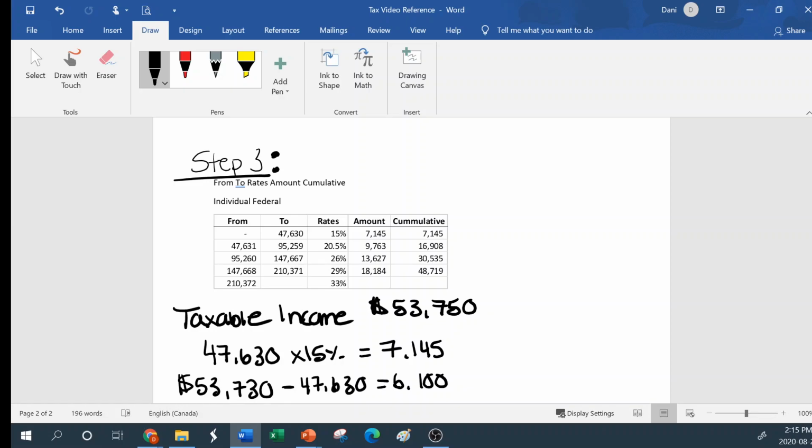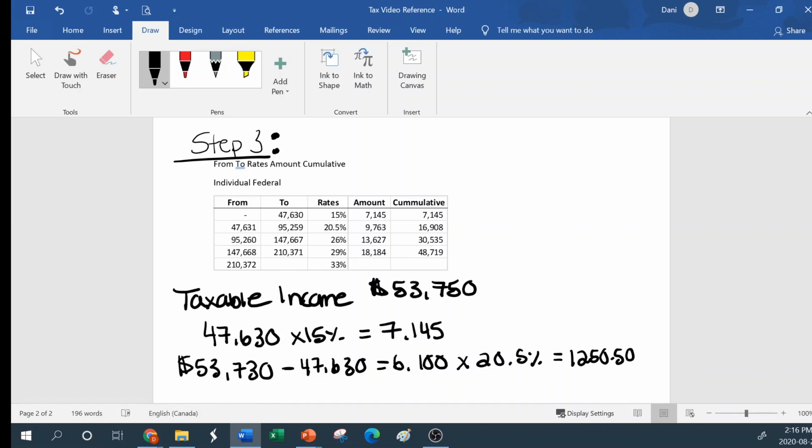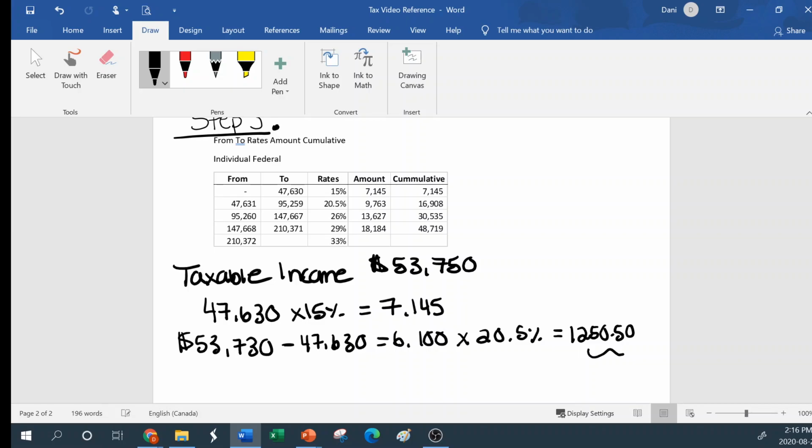Yes, $6,100 of income in the next bracket. So this income is going to be taxed at 20.5%, leaving us with $1,250.50. To make this easy, I'm just going to round it to $1,251.